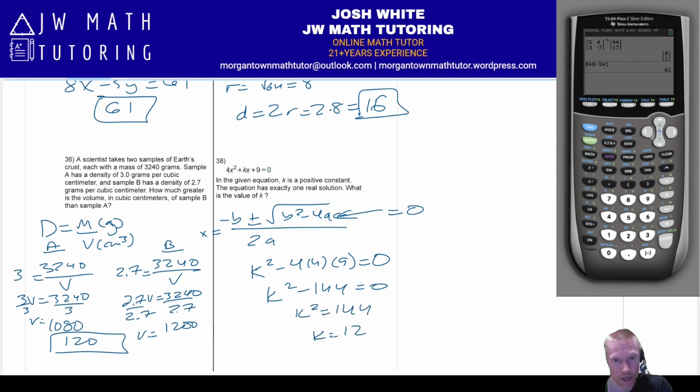You get plus or minus 12, but it has to be plus 12 because notice it tells us k is a positive constant and it's got a plus sign in the middle here. So even though you technically get two answers to this, the real answer we only need is positive 12. You can't enter negative answers on the test anyways. So correct answer to this problem is basically 12.